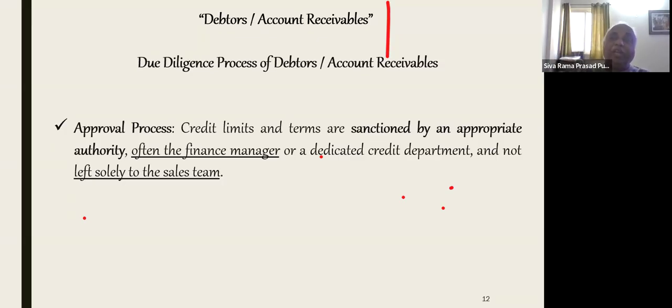The credit limits, terms and sanctions are by the appropriate authority, often the finance manager, chief financial officer or a dedicated credit department, and not left solely to the sales team. So it is not the discretion of the marketing department.